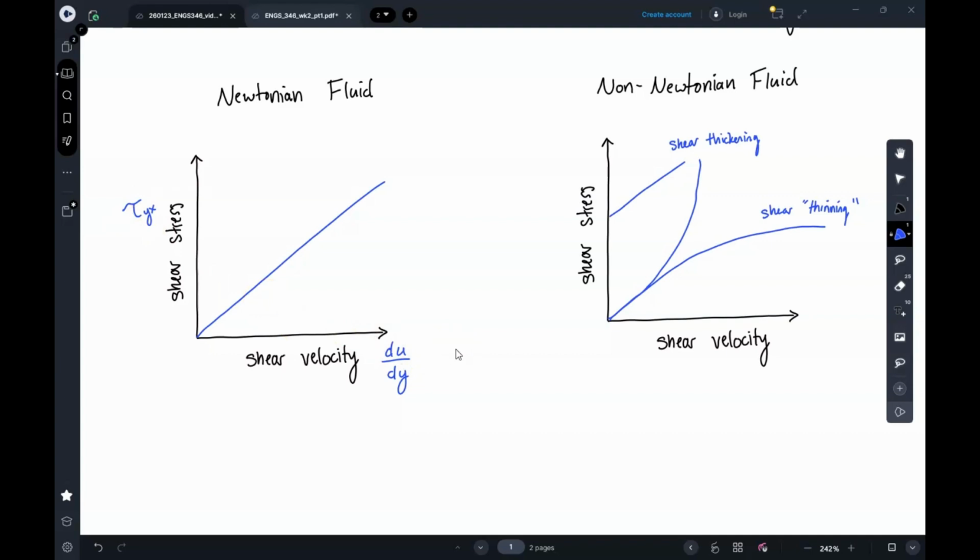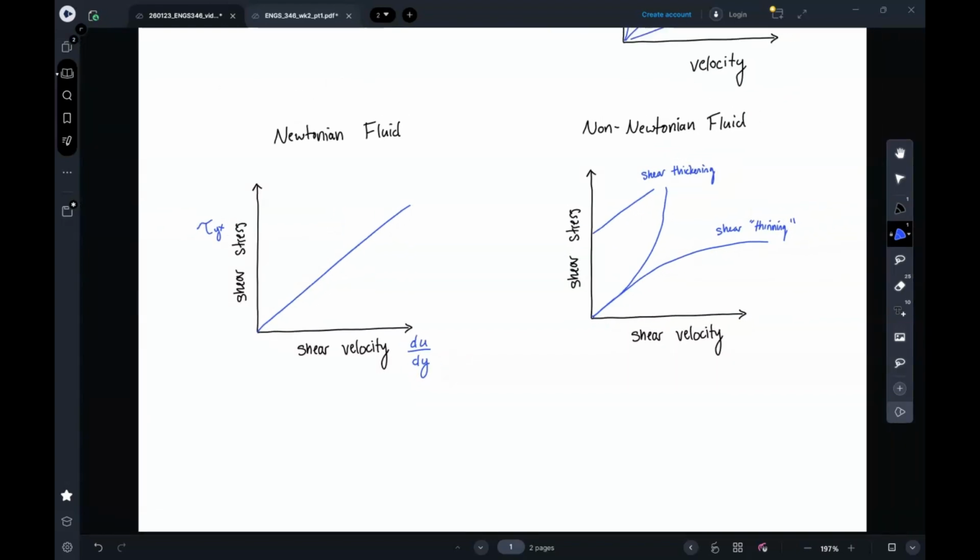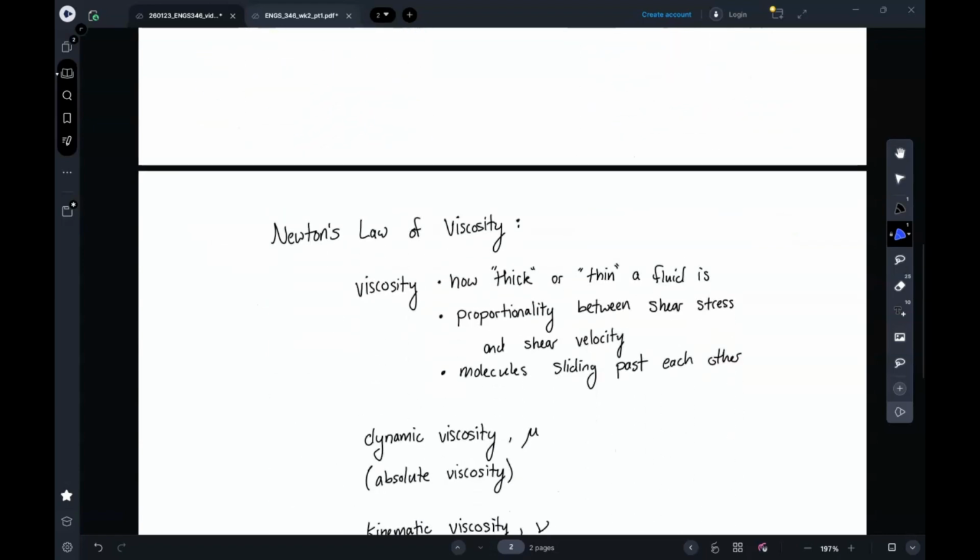So let's talk a little bit more about that. We are mostly going to focus on Newtonian fluids throughout the entire course. We will talk a little bit about some behaviors that are seen specifically in non-Newtonian fluids, but that will be just a small part. Mostly we're talking about Newtonian. Okay, so this was observed, and we have Newton's law of viscosity.